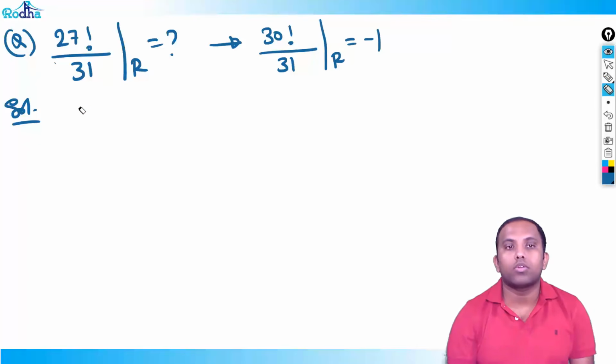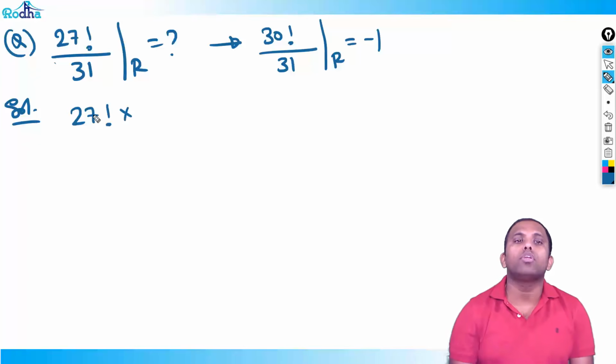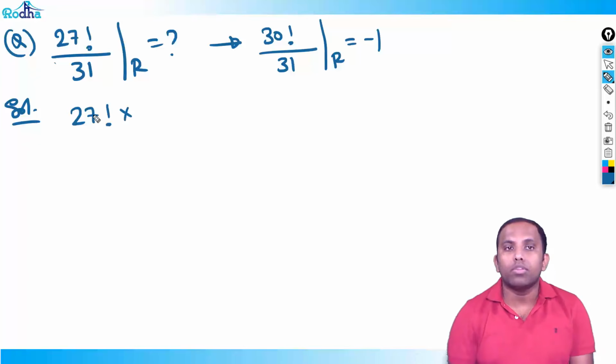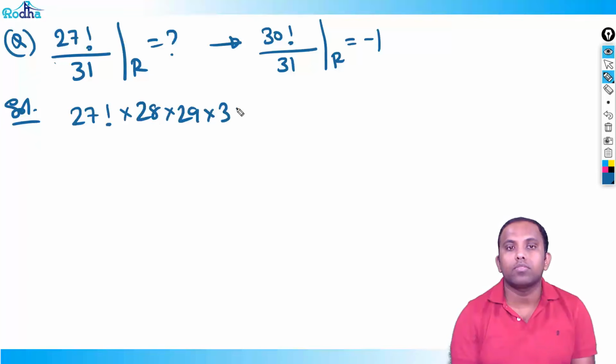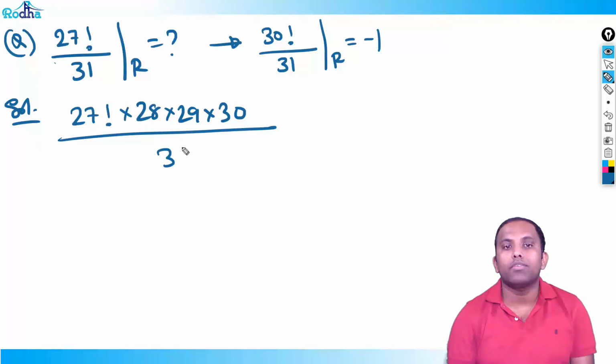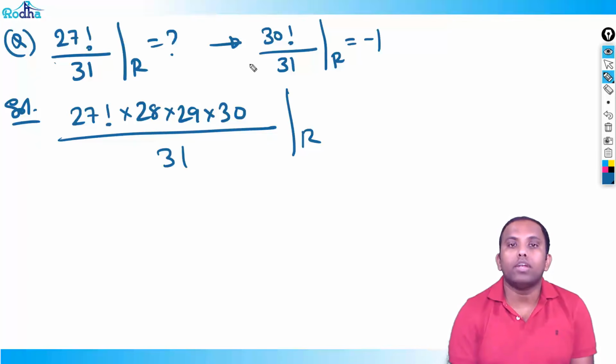That 30 factorial can be written in terms of 27 factorial: 27 factorial into 28 into 29 into 30, that's like writing 4 steps, divided by 31. But why do these 4 steps? Because we already have the answer for 28 factorial.